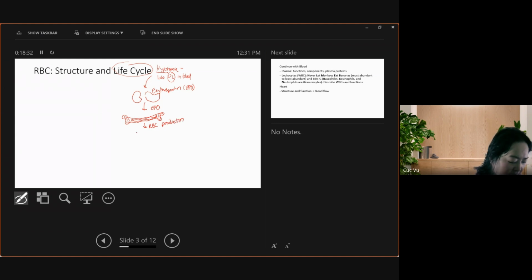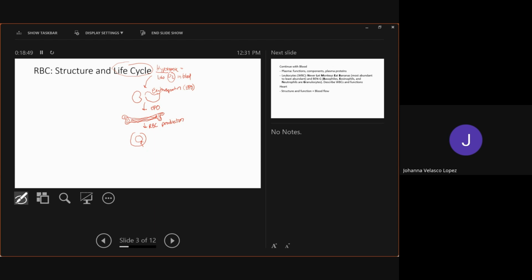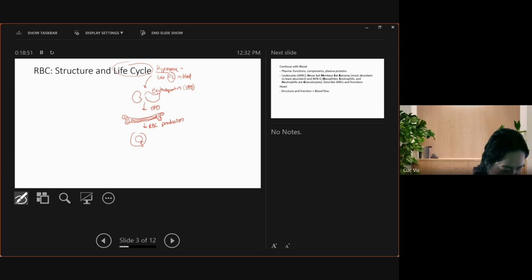So if you increase red blood cell production, inside the red blood cells, what's the functional unit of red blood cells? Hemoglobin? Yeah, exactly.